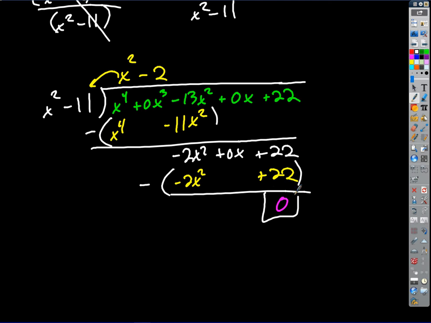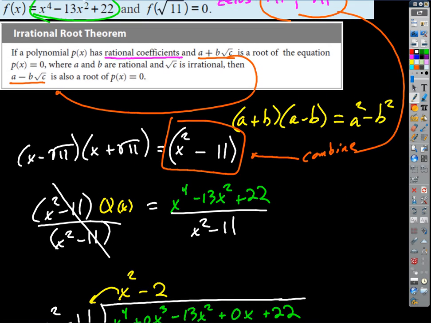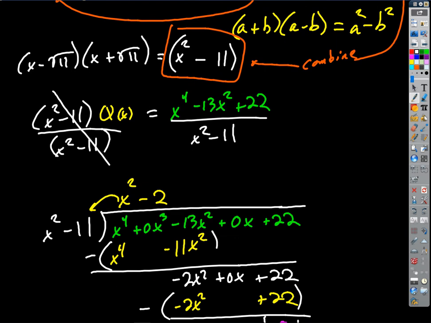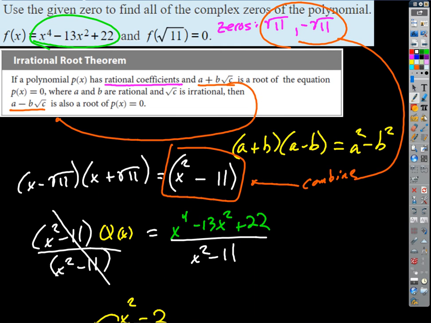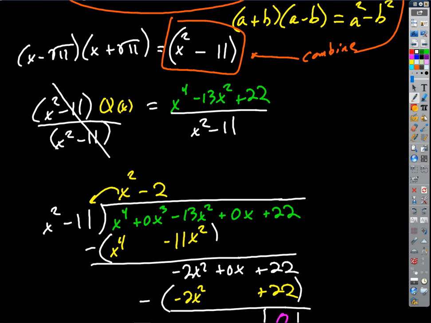Everything cancels. Okay. So then what we're left with, q of x, the other factor, is just x squared minus 2, right? So if I wanted to, and you don't have to do this, but if I wanted to write down the original function in factor form, so where do I have that? Right here.